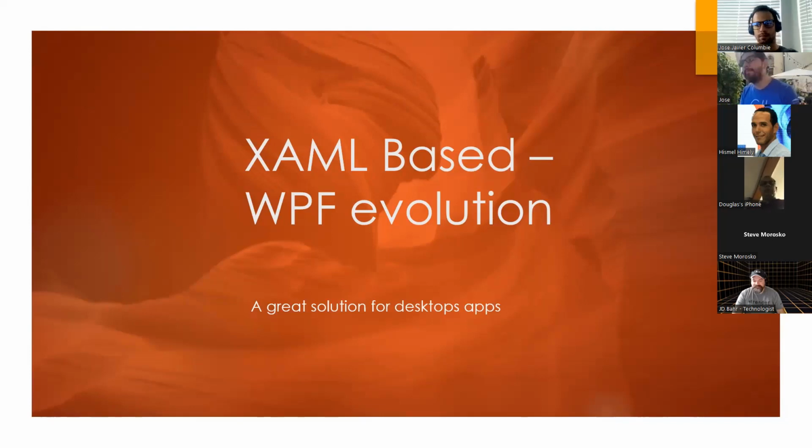That didn't happen. Win32 is still alive today. I remember I got a WPF book, first edition, when it was first released. And if you come from Windows Forms, it looks strange. It just looks strange because it's XML based.